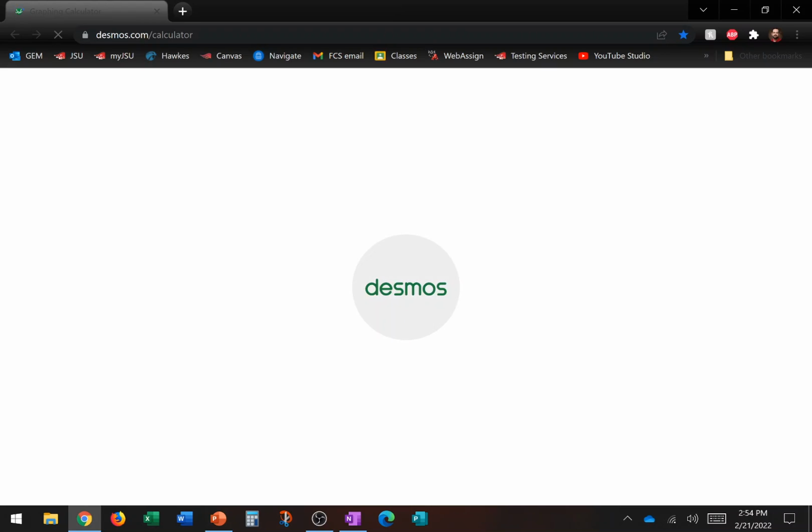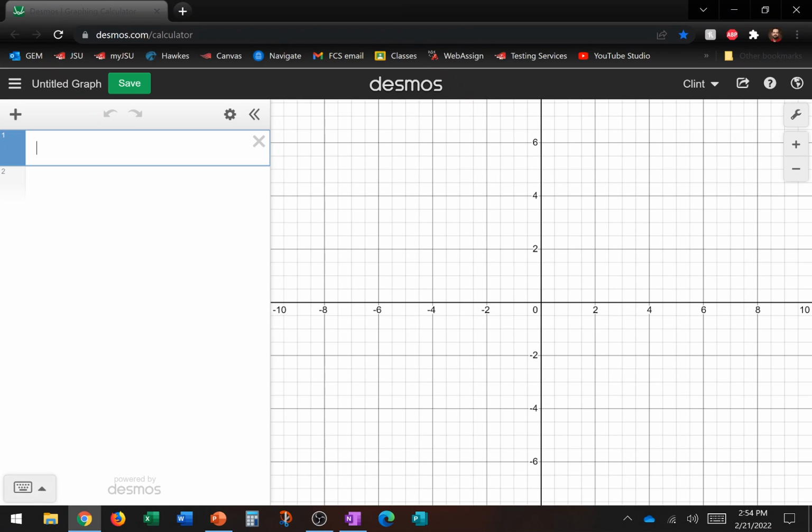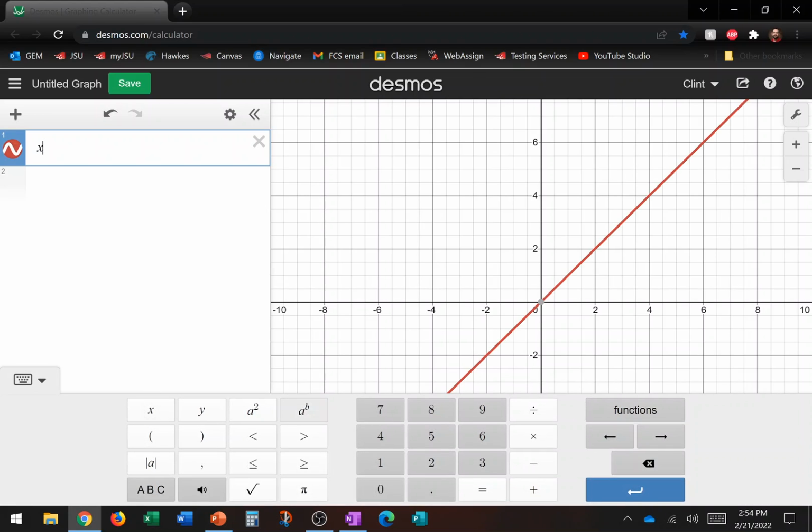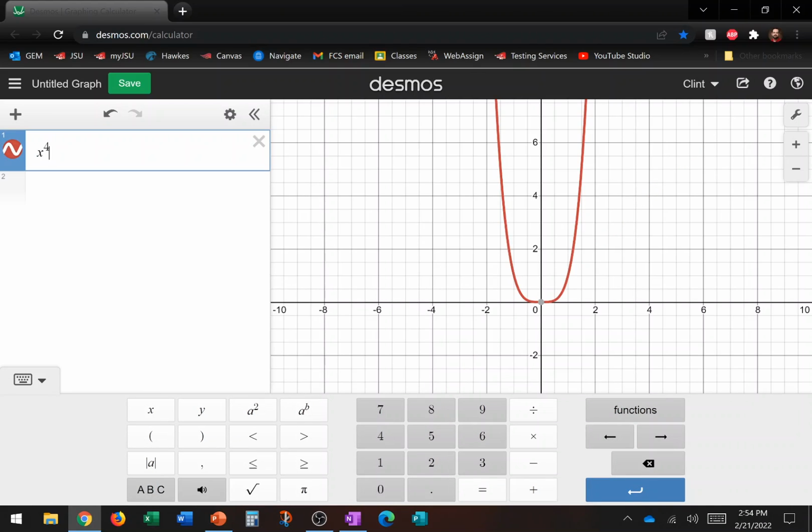Come on, Wi-Fi. Yeah, so we got x to the fourth plus y to the fourth equals 16.